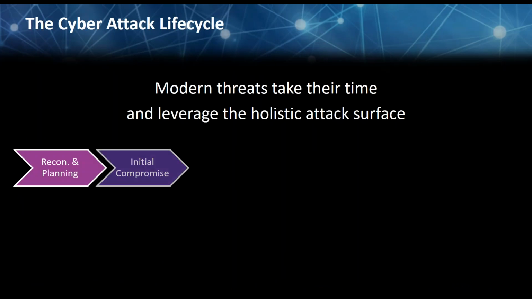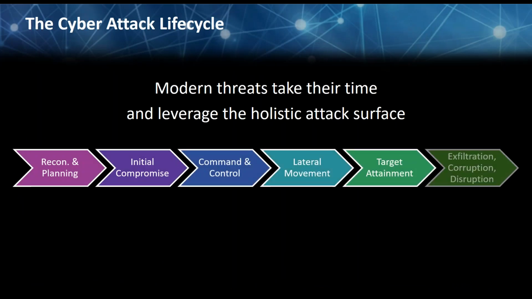Especially on the breach side, that attack life cycle, the modern threat takes time if we're looking at something extensive like that. But this life cycle also applies on a micro scale, even if it's just a ransomware attack on a singular system, right? A little bit of reconnaissance and planning has to go into it, even if that's just dropping a malicious ad with the right provider.